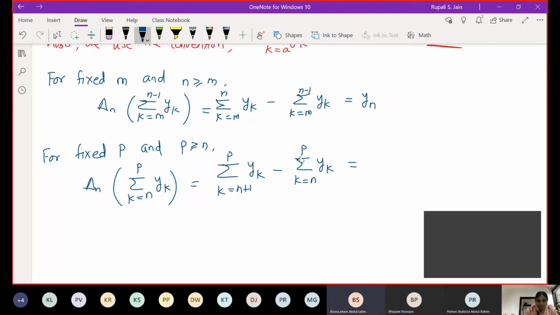What will this be? I will write y_n plus 1 plus y_n plus 2 and so on up to y_p. The last term is y_p, minus y_n plus y_n plus 1 and so on up to the last term y_p.